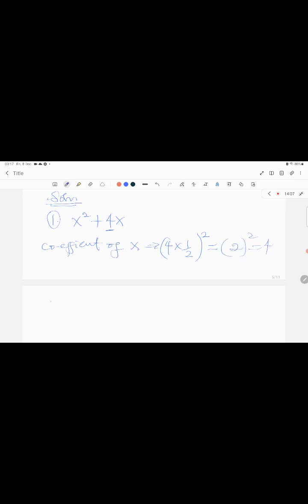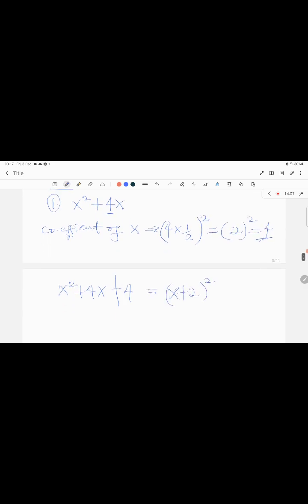So it means we have x squared plus 4x. When we add this new value to it, 4, we have a perfect square, which is going to be x plus 2 squared, if you remember the factorization we did last time.